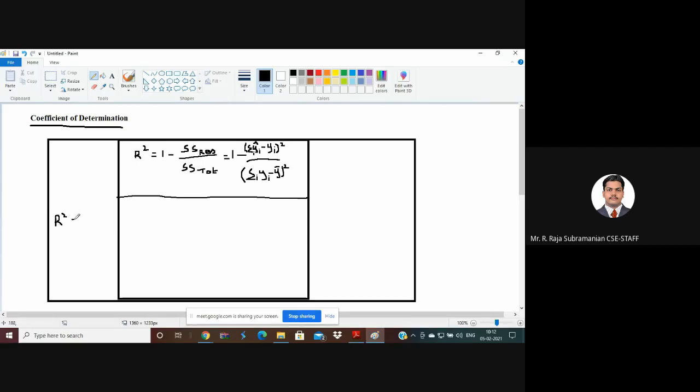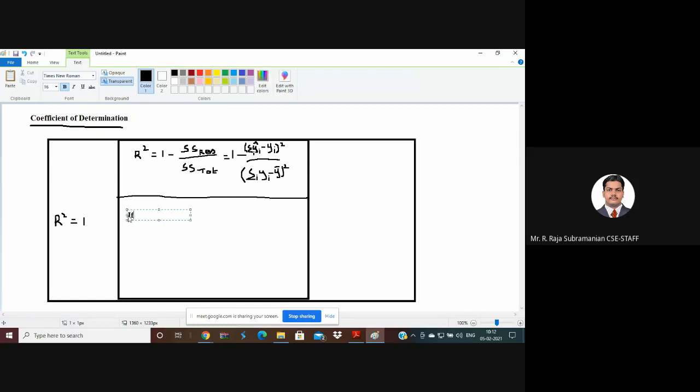equal to 1. When will this happen? If the residual error, how can I write it? Shall I write it like SSE itself? If SSE, which is the residual sum of squared errors, should be equal to 0.